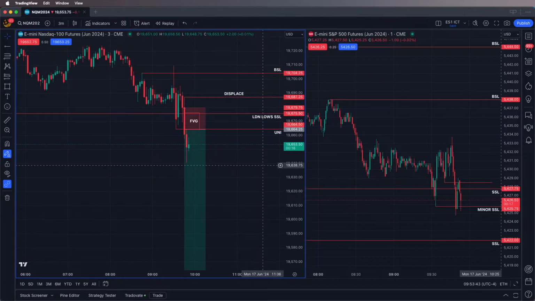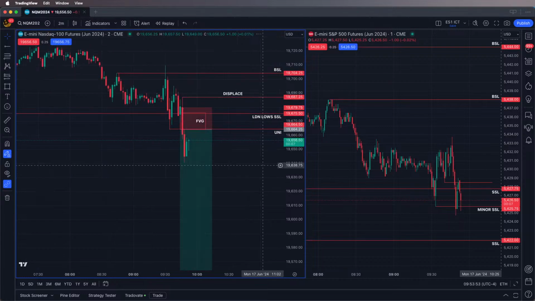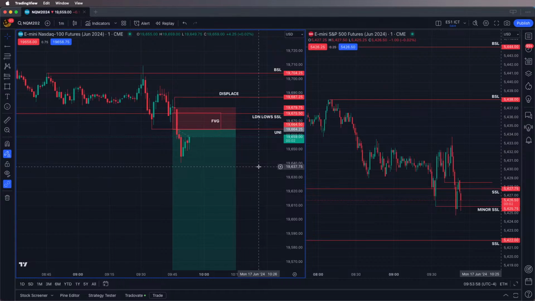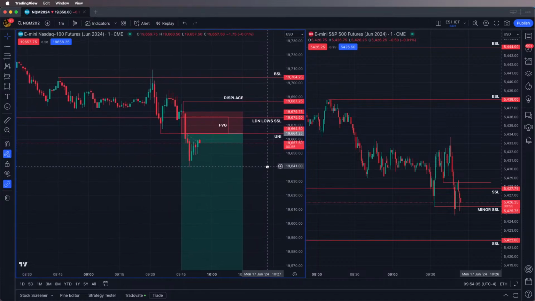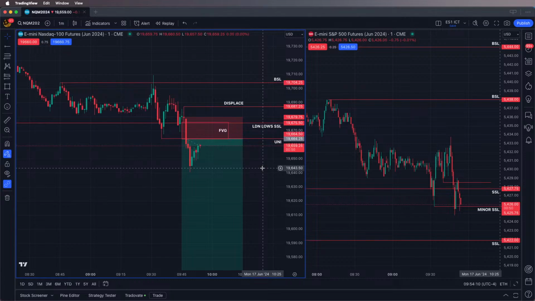We've got that 3-minute bearish gap too. Alright, I'm going to see how it respects this gap.